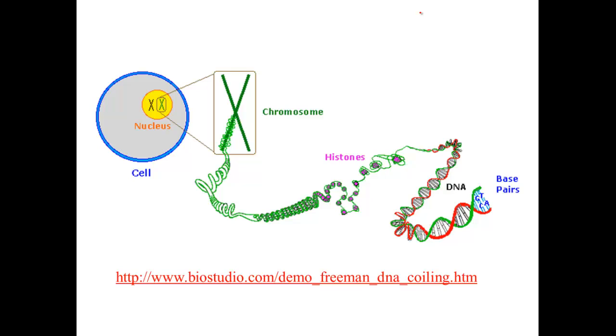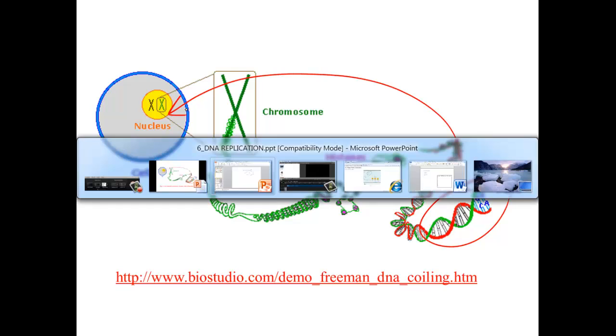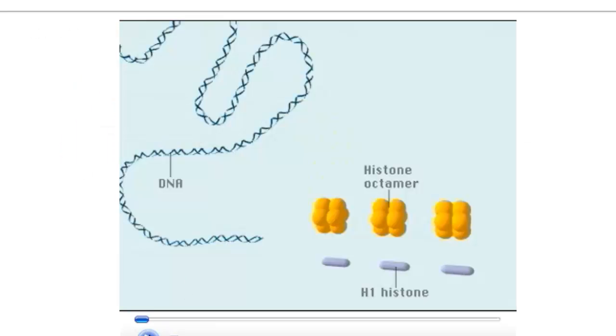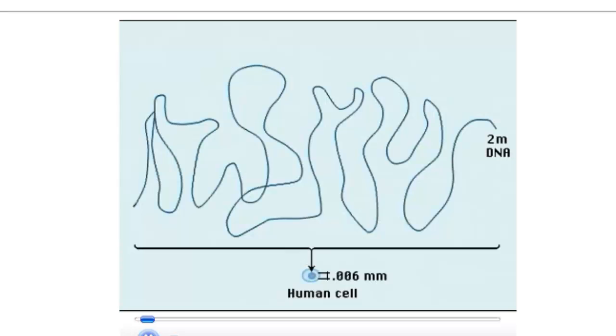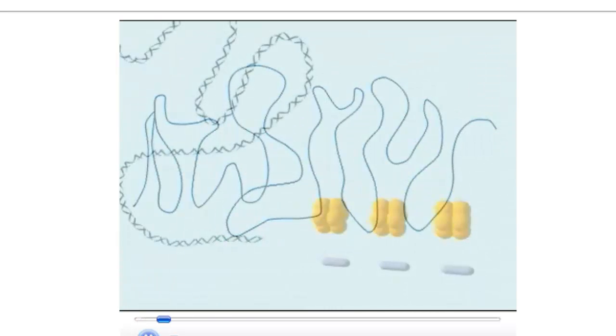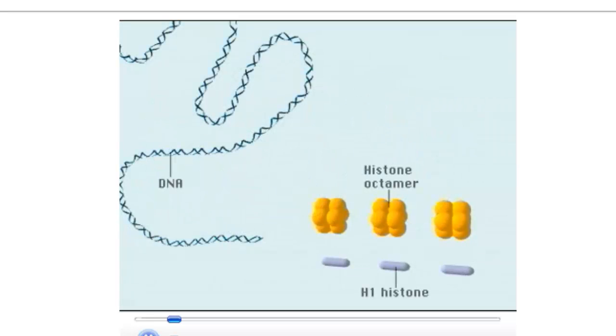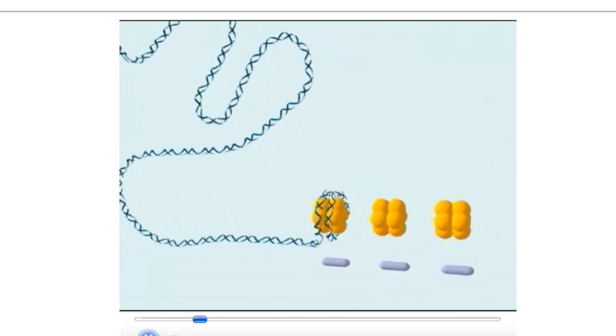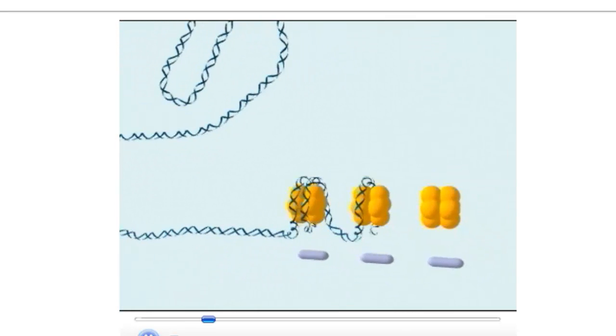Let's take a look at how DNA actually wraps in on itself so it can fit inside the nucleus. The yellow shapes here are histone proteins. You can see the double helix is being wrapped tightly around those proteins.